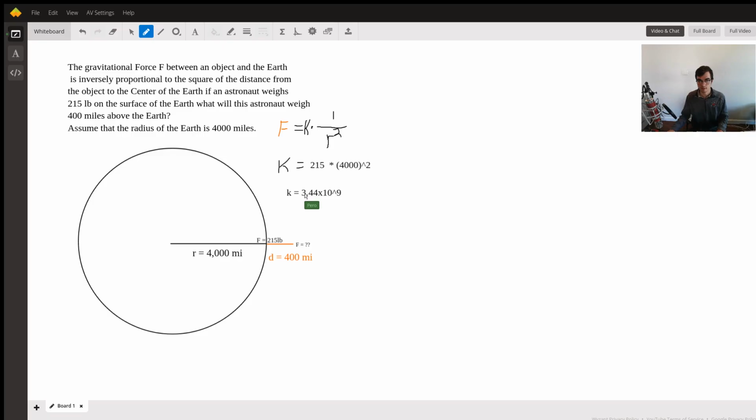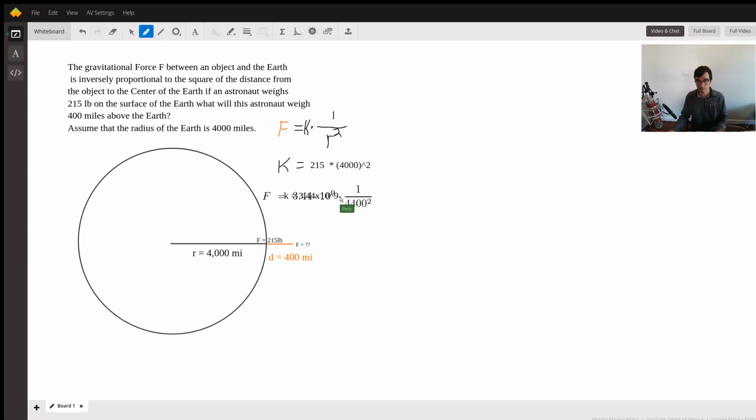Now we can use this with our rearranged formula, and I'm going to type that formula here, that F is equal to k, which is this 3.44 times 10 to the power of 9, multiplied by one over the new radius of Earth squared, which is 4,400 miles.